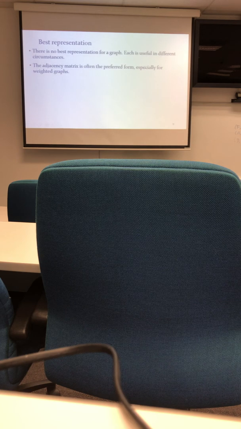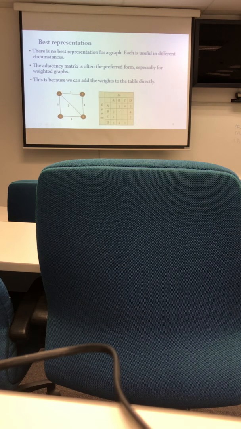It's very difficult to say which one is the best representation. It depends on the problem. If we have a weighted graph, usually we will use an adjacency matrix. If there's an edge between a pair of vertices, we can fill up the entry in the matrix using the weight.